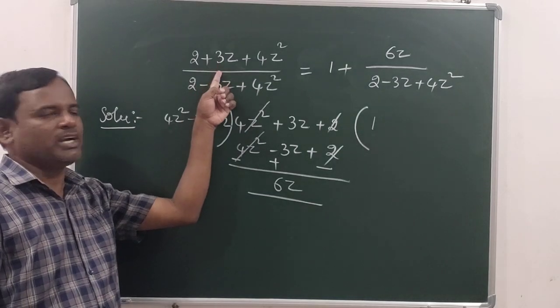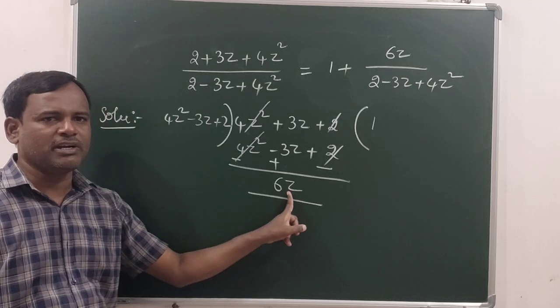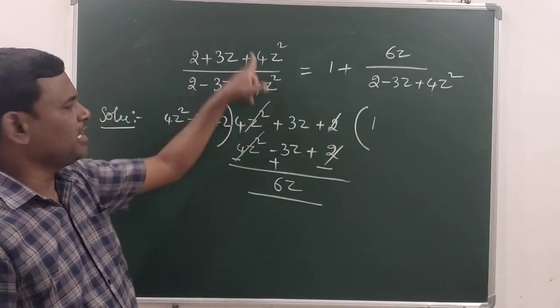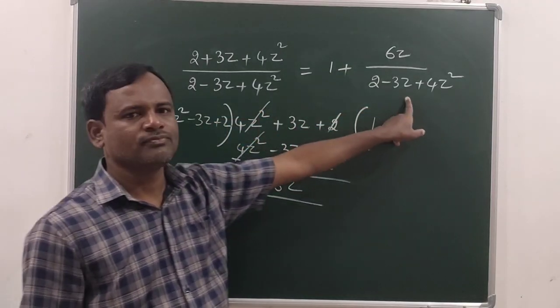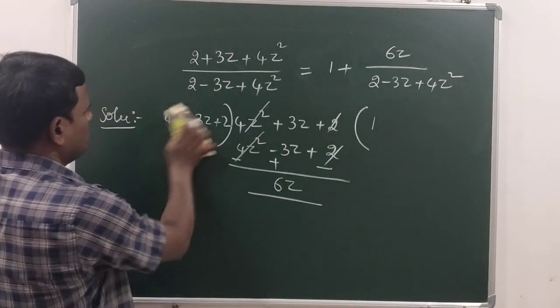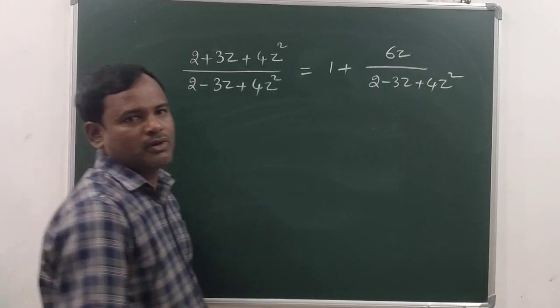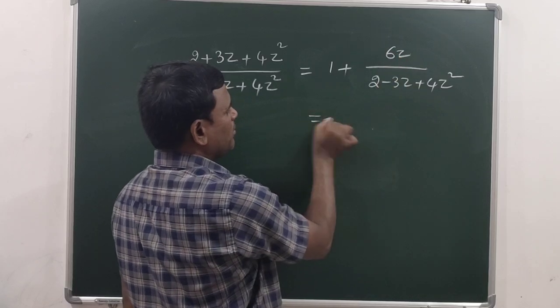See, I divided the numerator by the denominator. I got this much quotient and this much remainder. Now this can be written as quotient plus remainder by divisor. In the next step, transfer this z to the denominator.